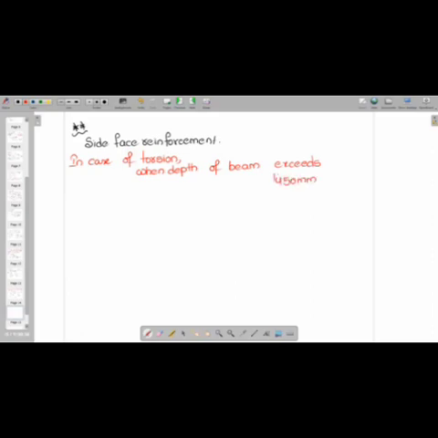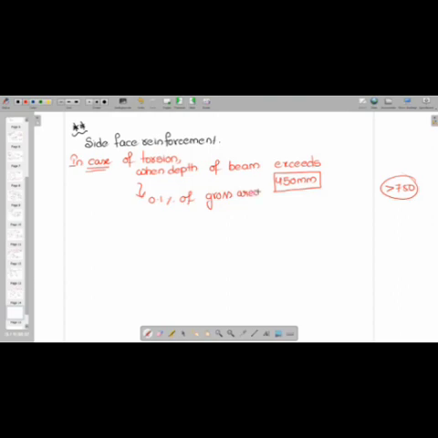This is a very, very important question, and it can be an objective. But when there is no torsion, when it exceeds 750 mm, how much will be provided? 0.1 percent of gross area.